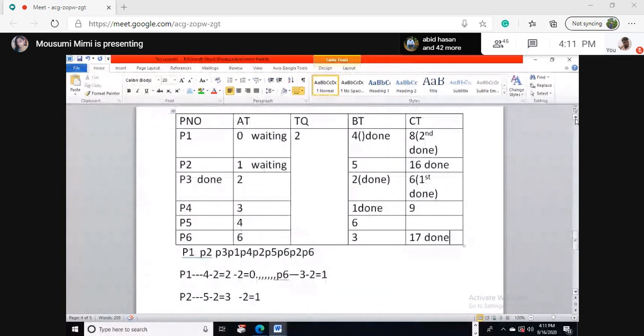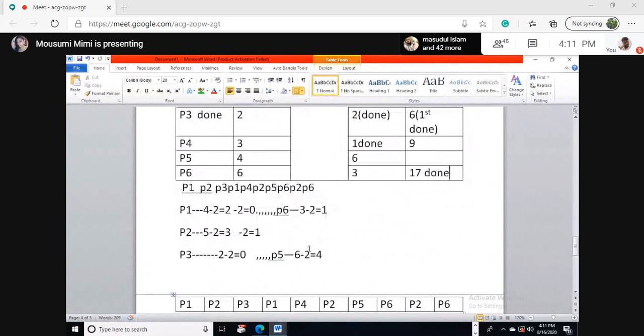Now only one process is left, that is my process 5. How much time is left in process 5? That is 4. 4 is left.